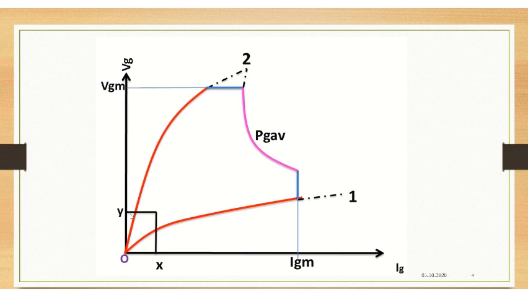What does gate non-triggering voltage mean? Up to this voltage, a minimum voltage can be applied in the circuit, but that will not trigger the SCR on.